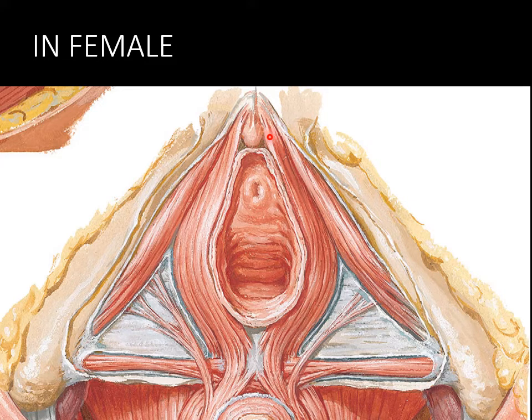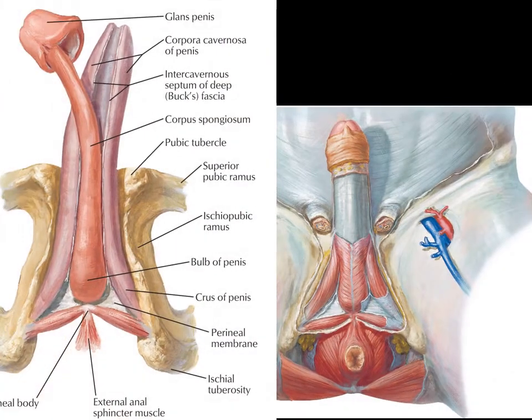Then in the case of males, let me explain the ischiocavernosus. The ischiocavernosus arises from the ischial tuberosity and the ischiopubic ramus, as we have discussed earlier, and these fibers extend anteriorly as the corpora cavernosa of the penis.